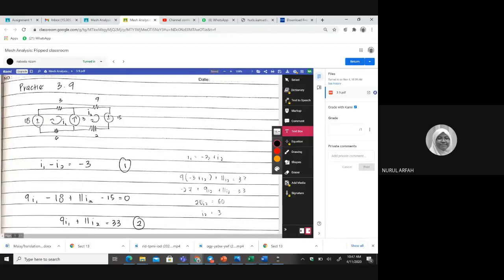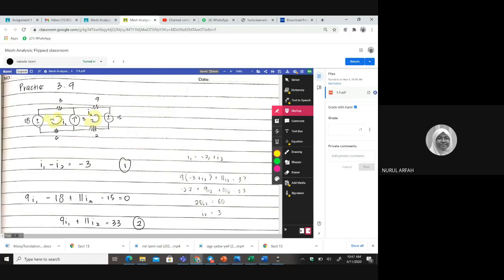Okay, Bismillahirrahmanirrahim. Can you see this? Yes. Okay, very good. Like I said, mesh analysis in the video, right? Mesh analysis, your aim is to get the imaginary current. So our sister here, she put the direction, clockwise direction.